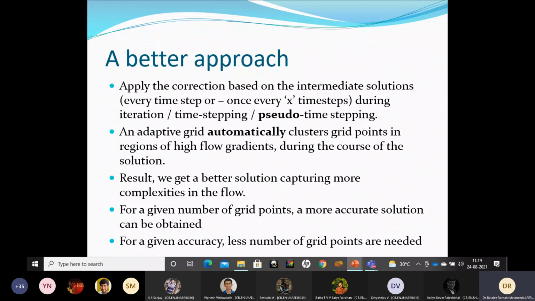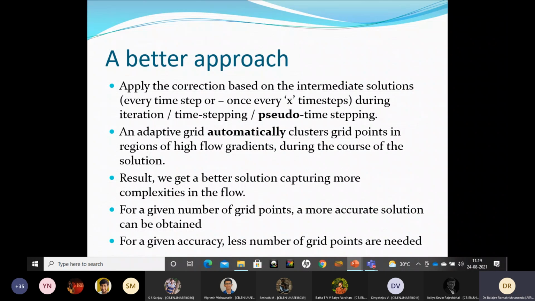Now, an adaptive grid automatically clusters grid points in regions of high flow gradients during the course of the solution. So every x number of time steps, it takes a look at the solution, sees where there are high gradients, and clusters more points there.